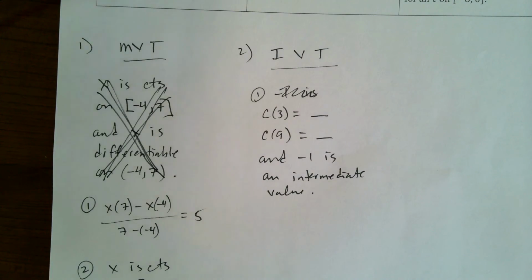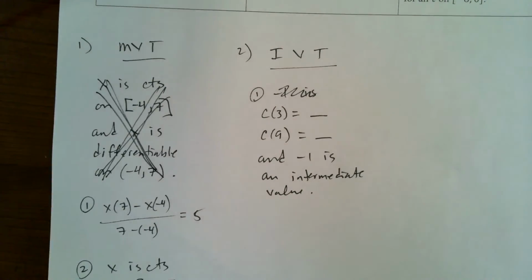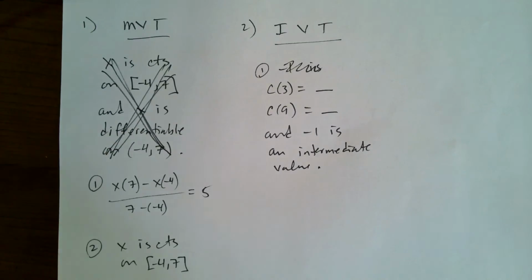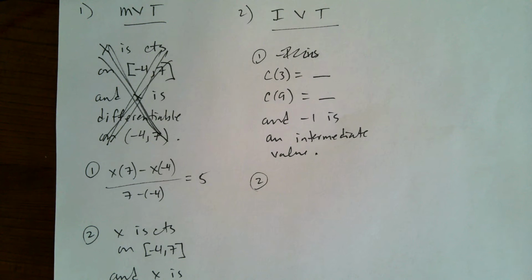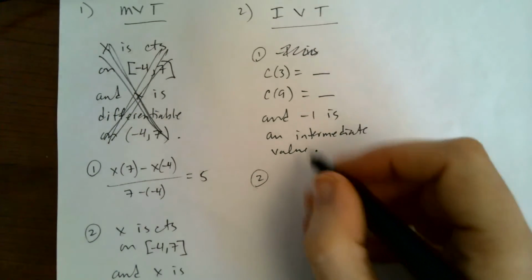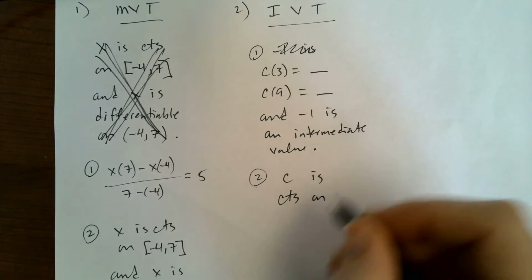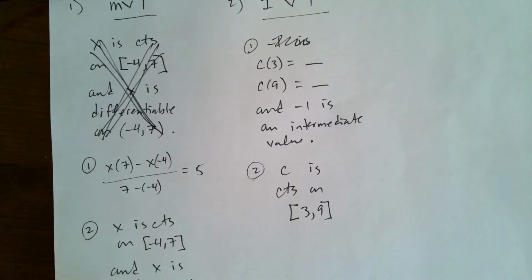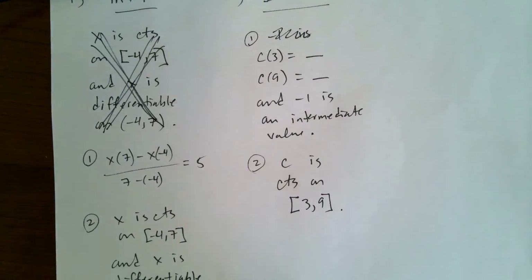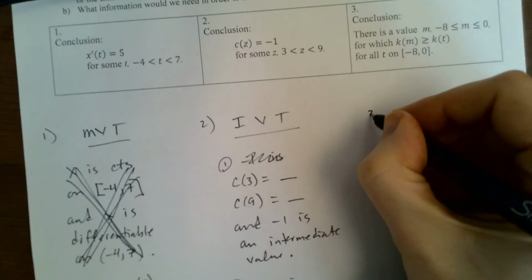You could just say between. You also could say -1 is between C of 3 and C of 9. All right, that's the first thing we need. And then on top of that, what has to be true about C? C is continuous on the closed interval, 3 to 9.